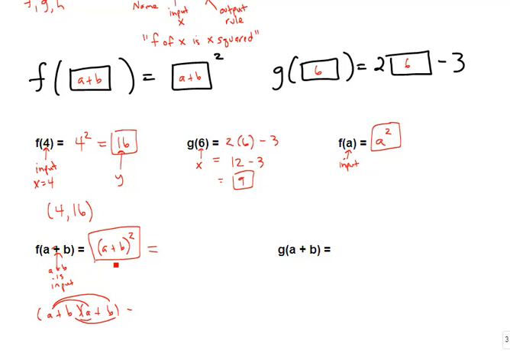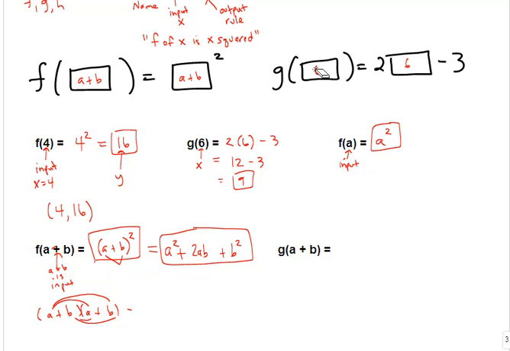So when you expand this out, what you're going to get is the a squared, the b squared, and that's always positive, and there's going to be a middle term, which is these two multiplied together, doubled. So a times b is ab, doubling it gives me 2ab, and since this was a plus sign in between, my middle terms will also be plus. So both of these answers would be correct. This is just in the factored form, and this is in the expanded form.